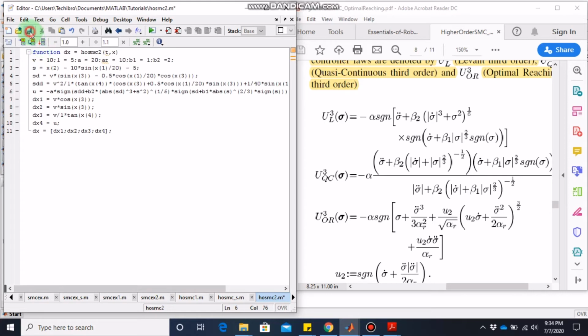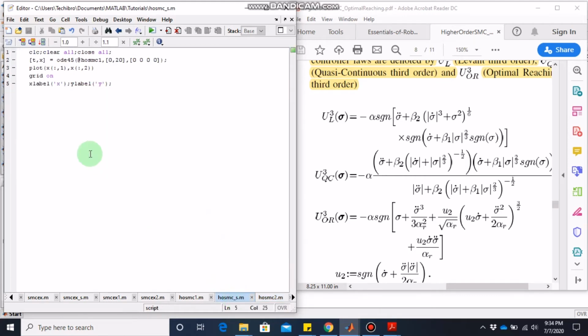I save this file, and now in order to compare this in the script file, I copy this command, control C, control V, and I just want to rename these values t1, x1, and call the other file HOSMC2.